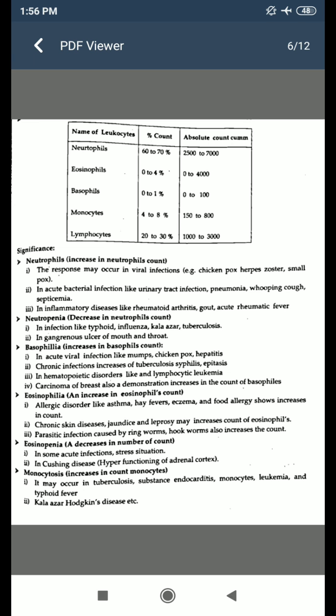Thrombocytopenia results from decreased production of platelets and may result from bone marrow dysfunction. Then thrombocytosis occurs from increased production of platelets and may result from inflammatory disorders, blood disorders, and malignancy, etc.